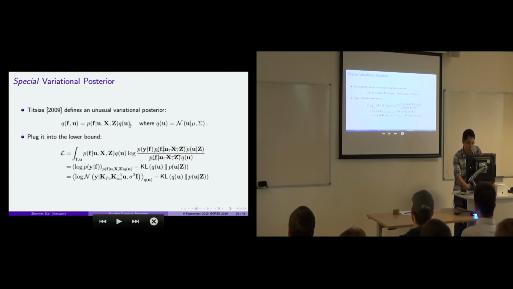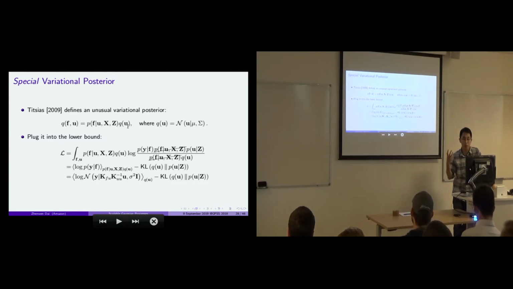It assumes a parametric posterior Q of U, which is the posterior distribution of our pseudo data, and directly takes our prior distribution P of F given U together to form the posterior distribution Q of F comma U. If we directly plug these terms into our variational lower bound, the immediate benefit you can see is that the numerator and denominator cancel out, which results in a quite elegant variational lower bound.